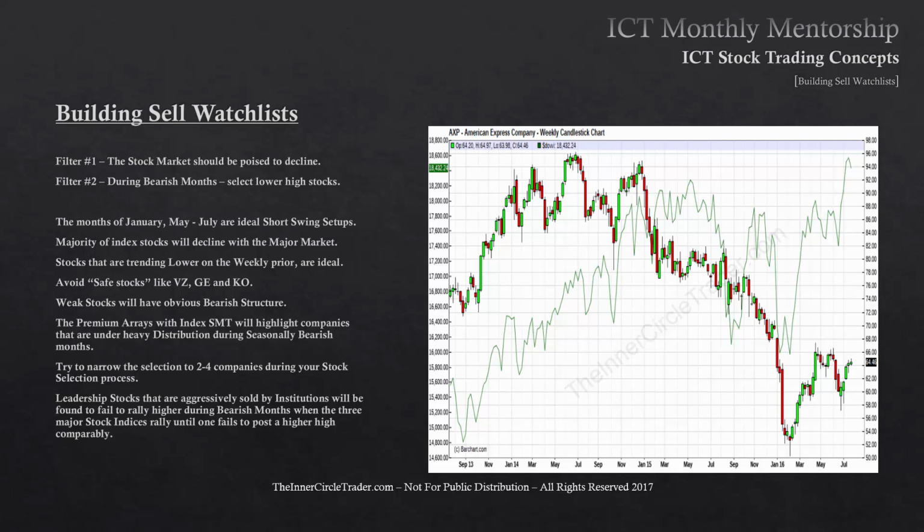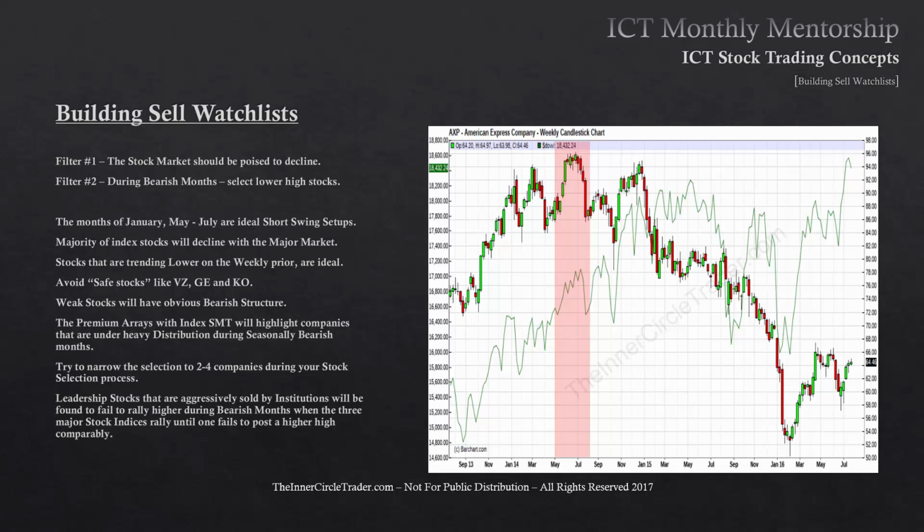The first on our list is AXP, or American Express. And we're focusing again on the 2015 time period. But first, we're going to look at what the May to July time period looks like when the market's bullish. As you can see here, while it did call a high in the marketplace, the green cumulative line, that's the Dow Jones, failed to make a lower high.